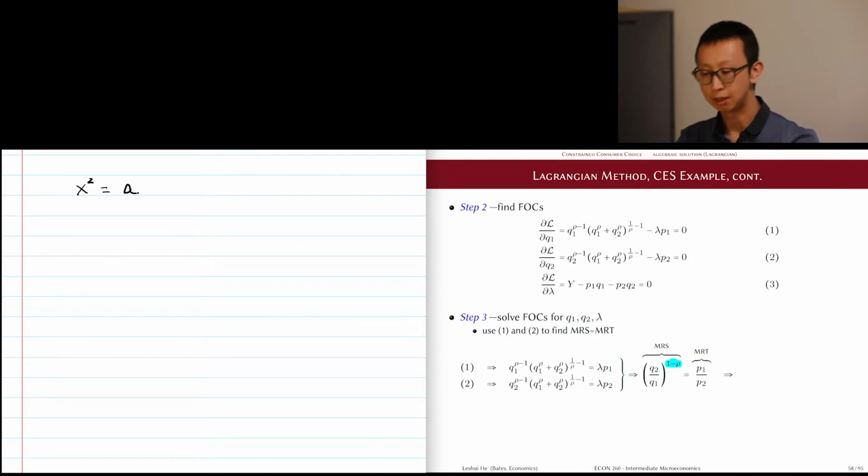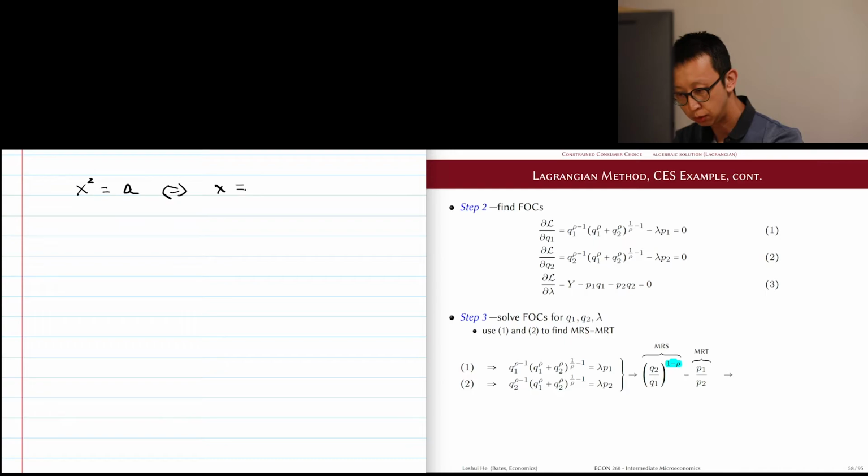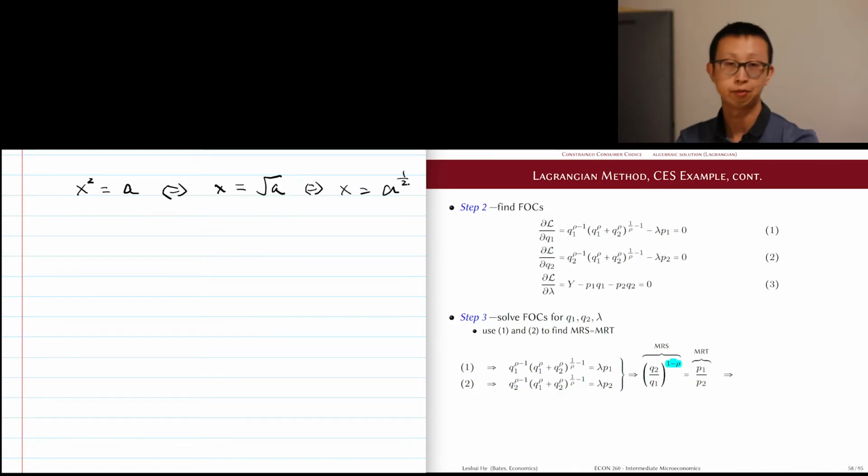Then this function is in fact equivalent to x is equal to the square root of a, which we know is just x equal to a to the power of 1/2. These expressions are entirely equivalent.